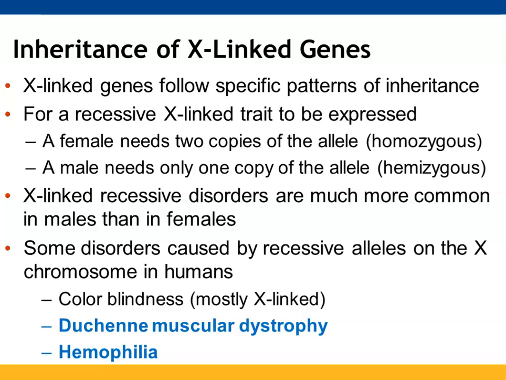So any sort of X-linked recessive disorder is more likely to be found in males than females since they only have to get 1 copy as opposed to 2. Some examples of X chromosome disorders that are due to recessive alleles present there include color blindness, Duchenne muscular dystrophy, hemophilia, baldness is another one that comes to mind.